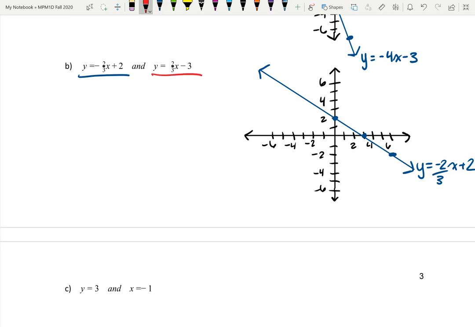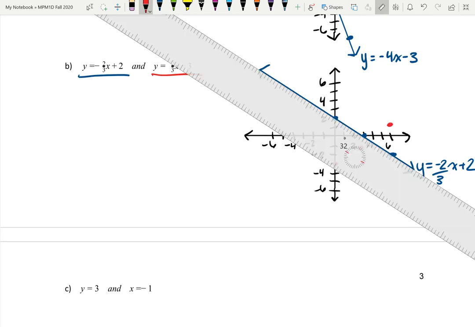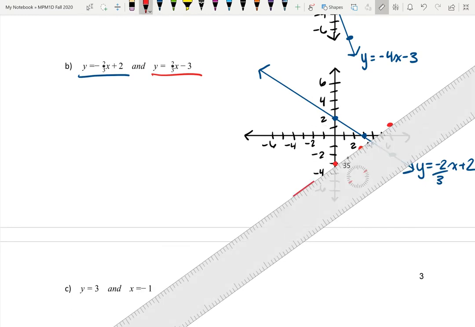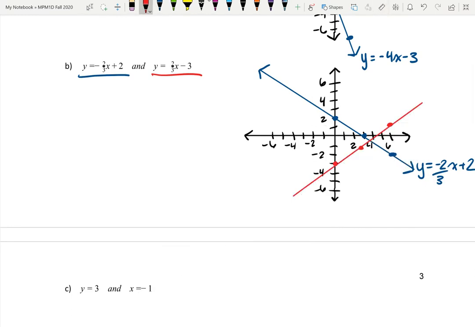And then the second line, -3, is my B. I start by plotting that, and then up 2 to the right 3, up 2 to the right 3. And then I use my slope to find 2 other points after my B, and then I connect it. And that's good.